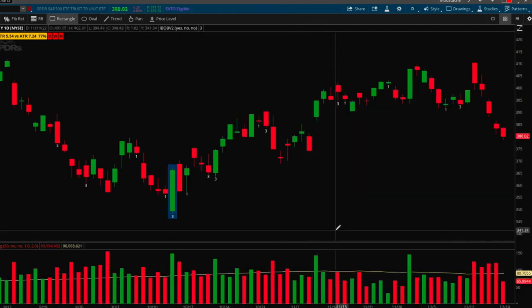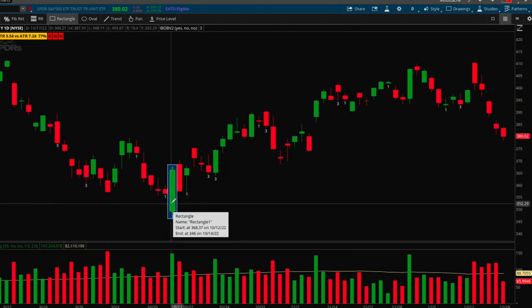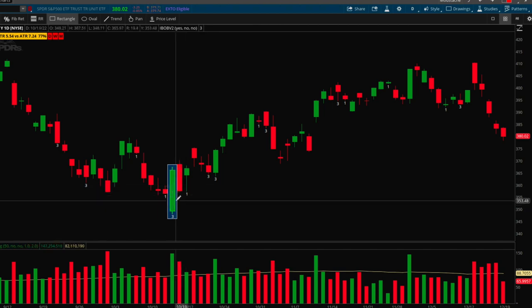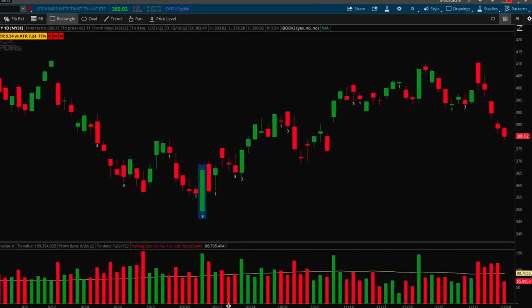First example I want to cover is from the daily time frame from October 13th. This candle here, which was obviously a huge bullish engulfing, kick-started this uptrend that we've been in for the past month or almost 2 months.